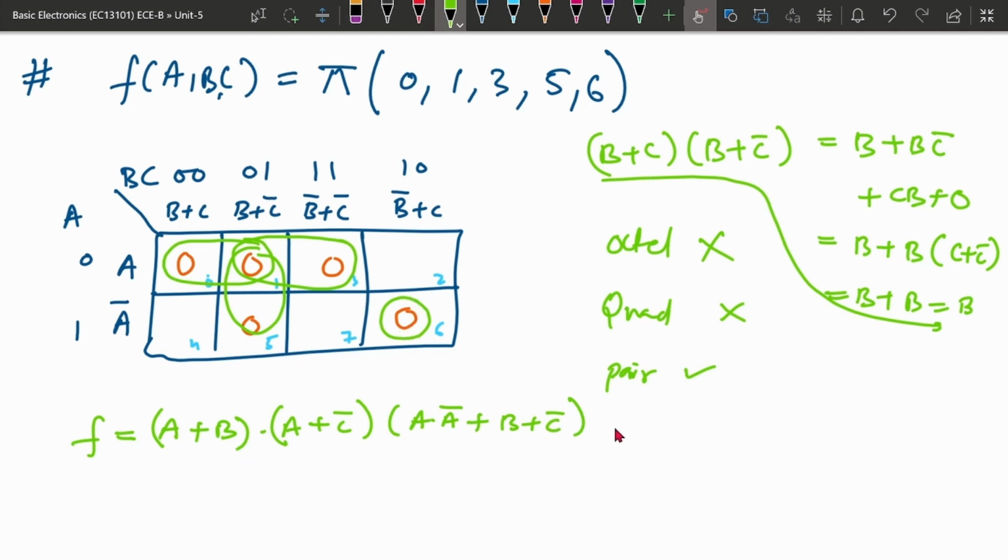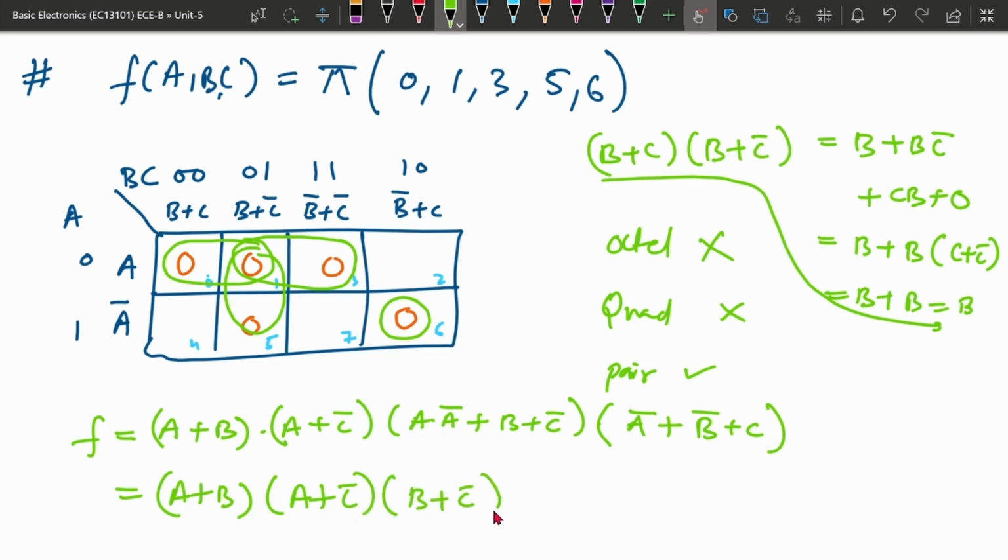For this we have to write A bar plus, and both will be considered like B bar plus C. So now we can write A plus B, A plus C bar. This is 0, so it will become B plus C bar.